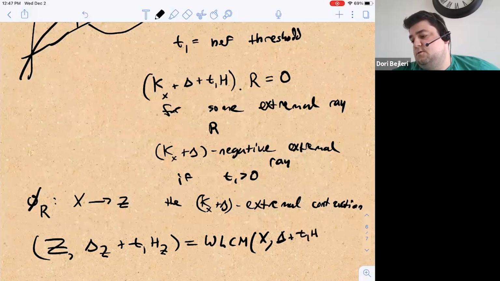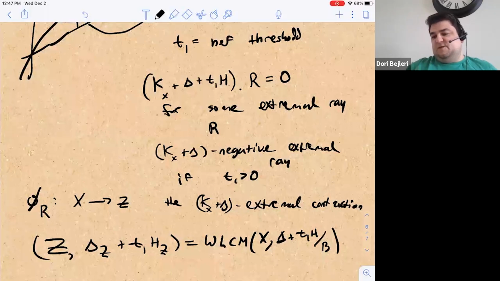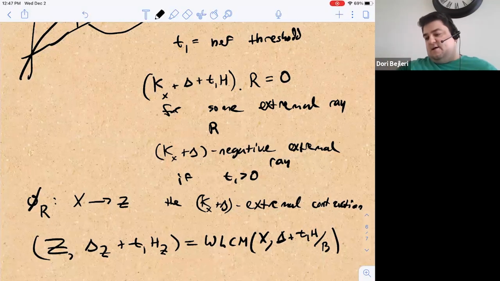T1H over B. So the observation is that while for KX plus delta, it's just the target of some extremal contraction, it's neither a minimal model nor a log canonical model a priori. Because we got it by adding this ample and scaling down, if we add that ample back into our divisor, then the log canonical is still nef.